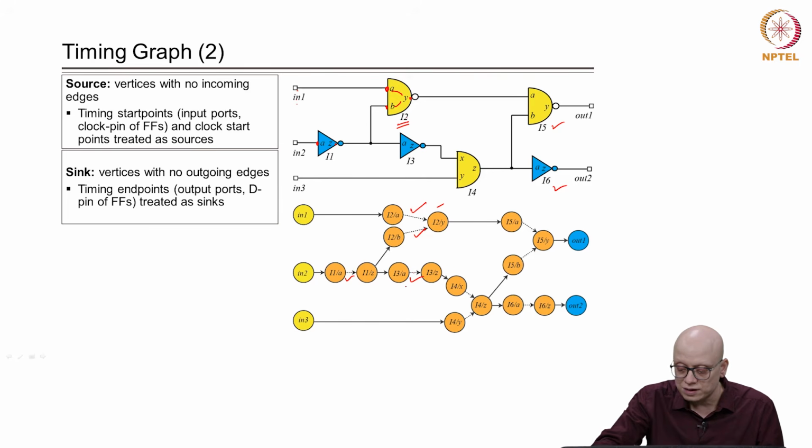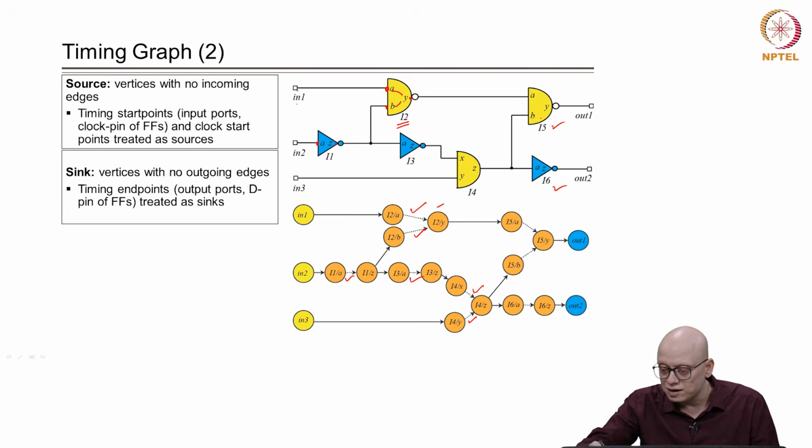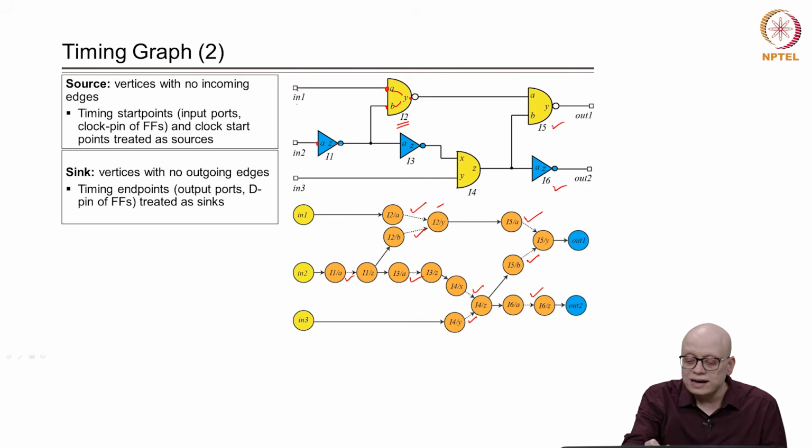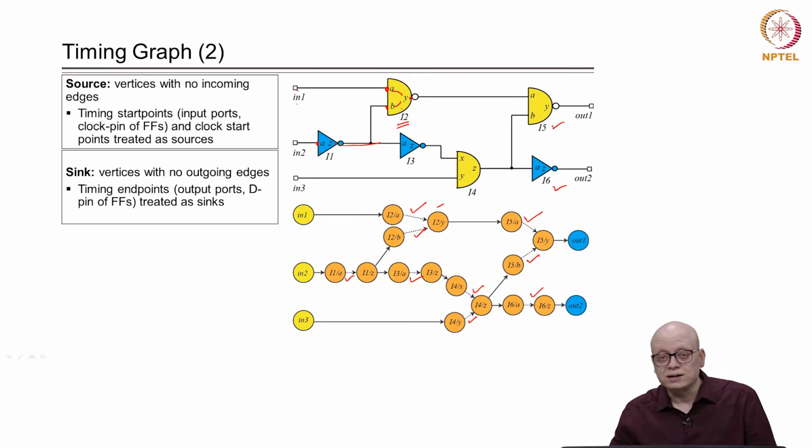So, we have these cell arcs for the inverter. For this inverter we have again cell arcs between I3A and I3Z, and then we have cell arcs between X and Z, Y and Z, right. And similarly, we have cell arcs between A and Y and B and Y, and we have the cell arc between I6A and I6Z. And for each of the nets, we have the net arcs, right.